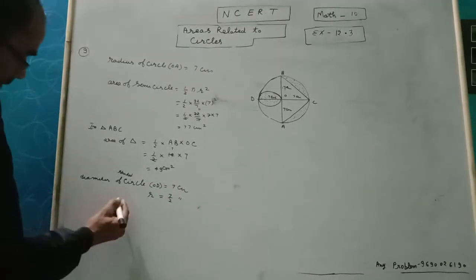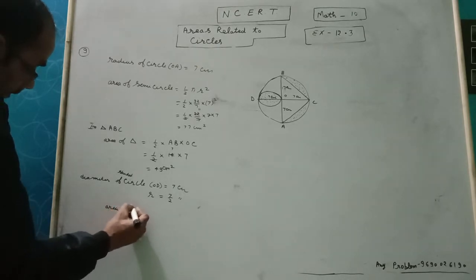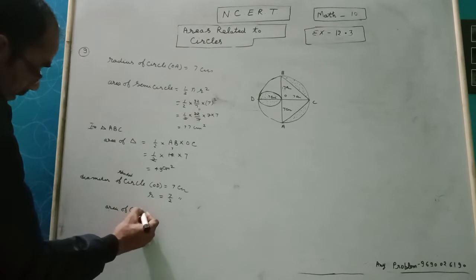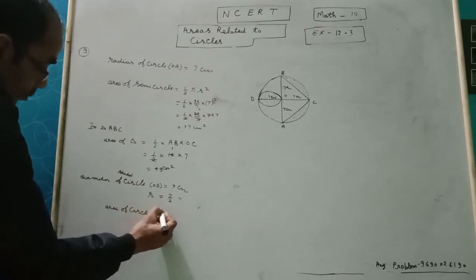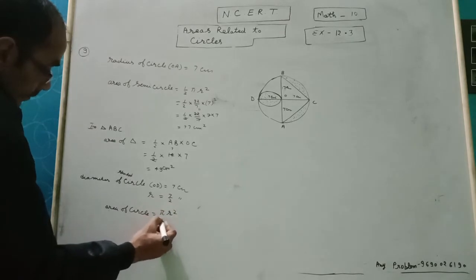Area of circle is equal to pi r square, the formula.